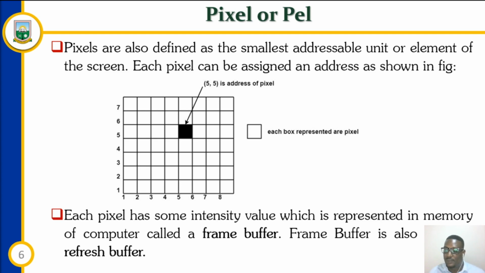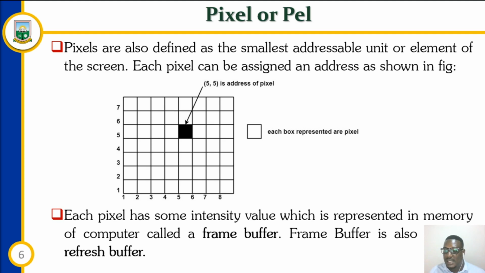Anytime you have pixels being displayed on the screen, each one of them would have an intensity value. If the intensity is high, that is when it's going to display more. If it has a low intensity, then maybe that portion of the picture or graphic is turned low for viewers to see.